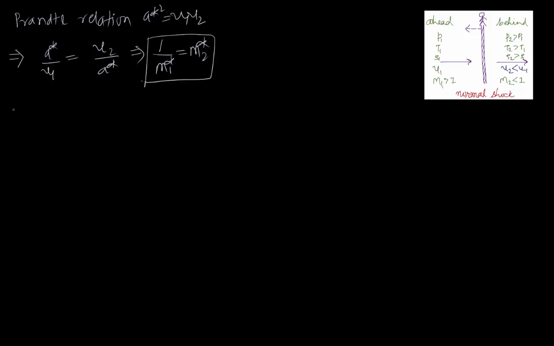Now we have derived relation between Mach number M and characteristic Mach number M star in earlier lectures. So let me write down what was the relationship. M star square equals gamma plus 1 M square by 2 plus gamma minus 1 M square.